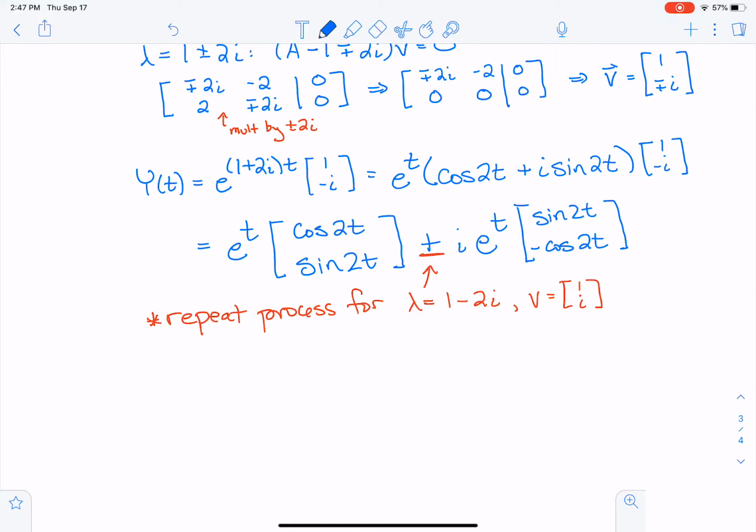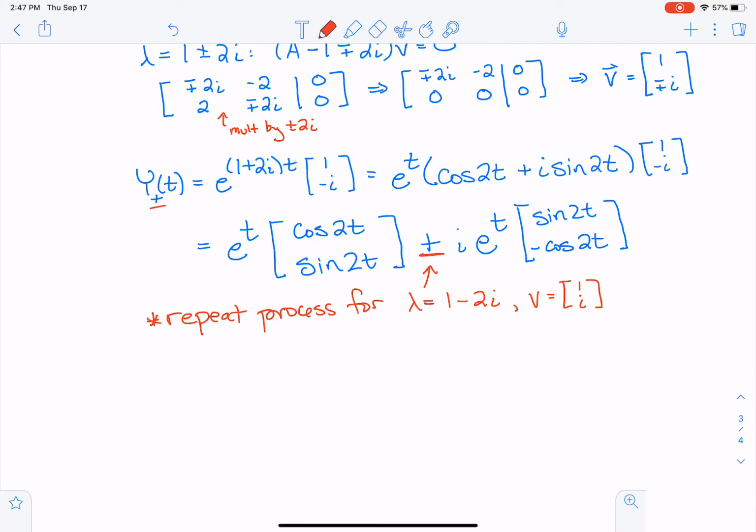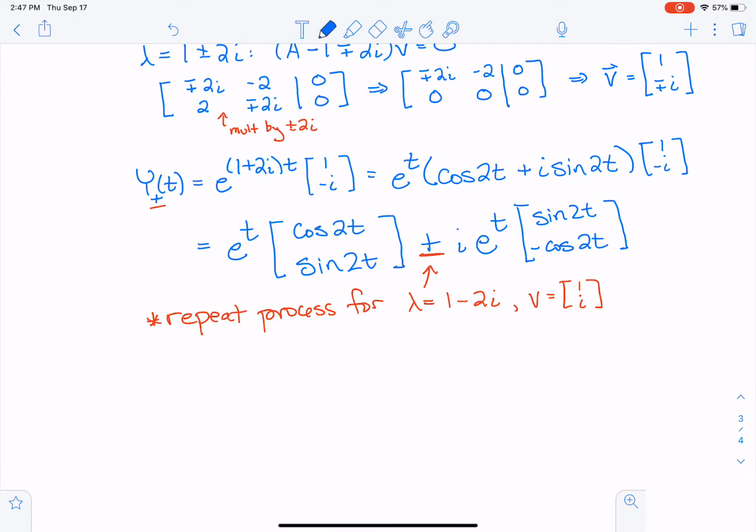So now I'm going to define two solutions. First of all, think about y as being y plus and y minus. I'm going to define y1, one of my solutions, to be a half times y plus plus y minus.